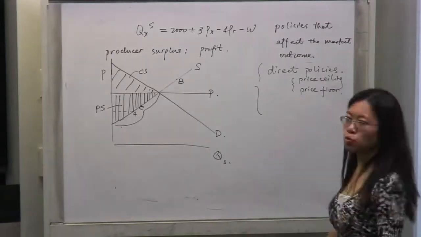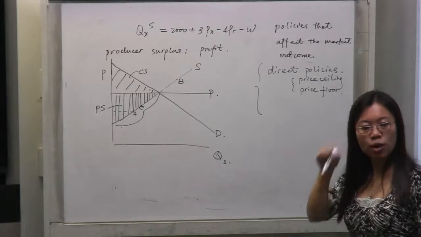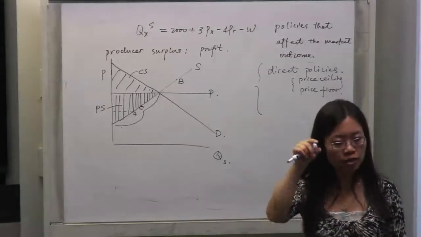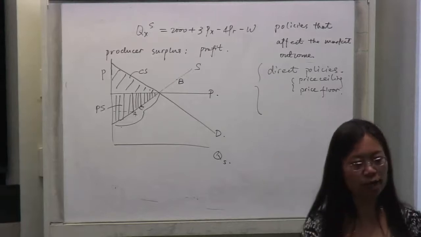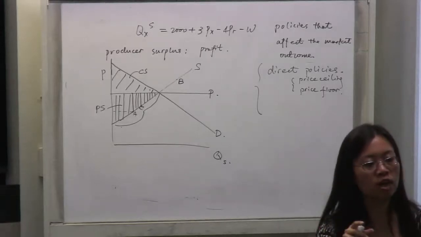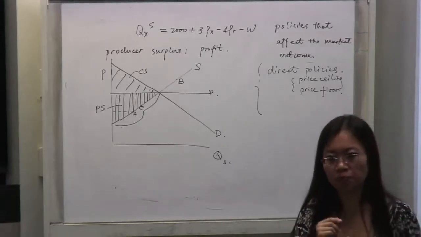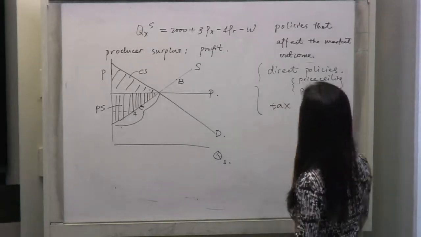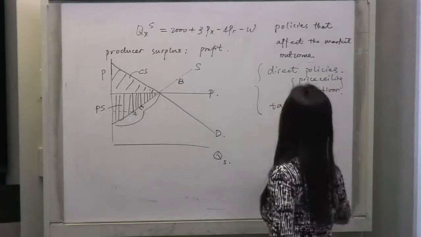And the other policy we want to talk about is indirect policies. This means the policy itself does not target the market price right away, but affects the market price indirectly, like tax, which is an indirect policy.